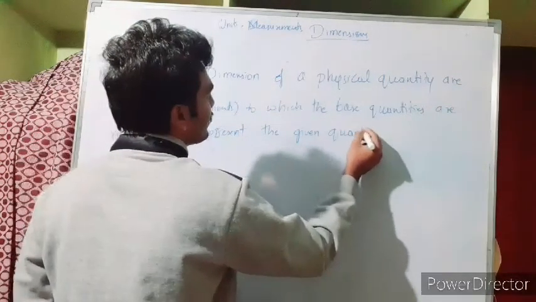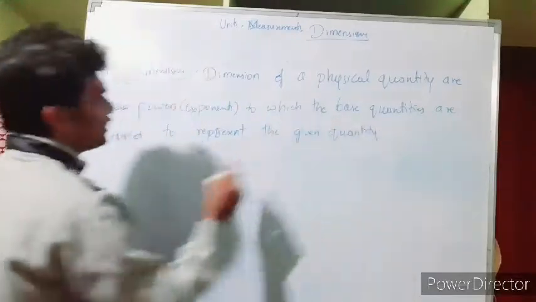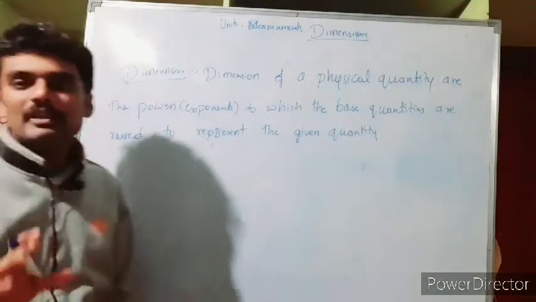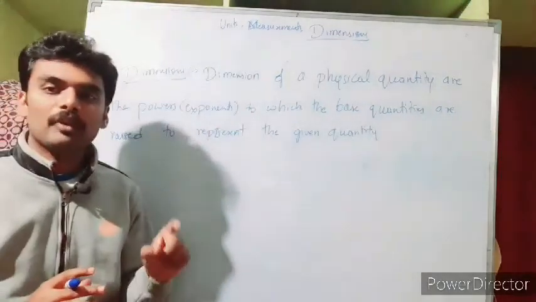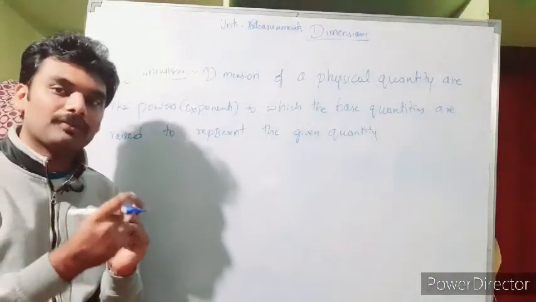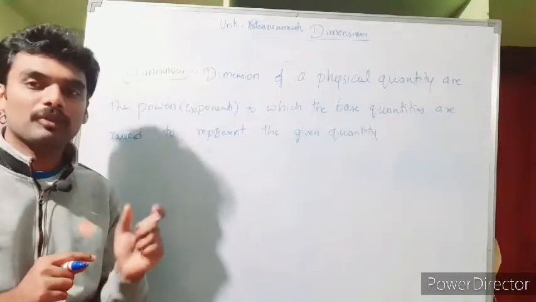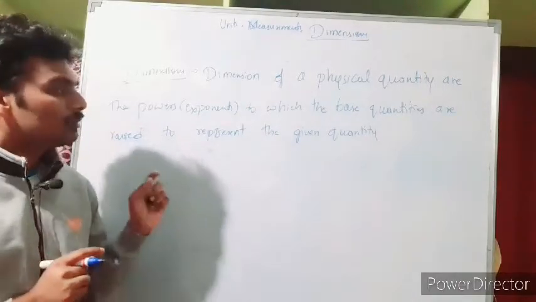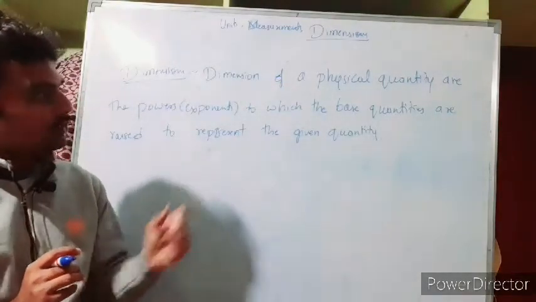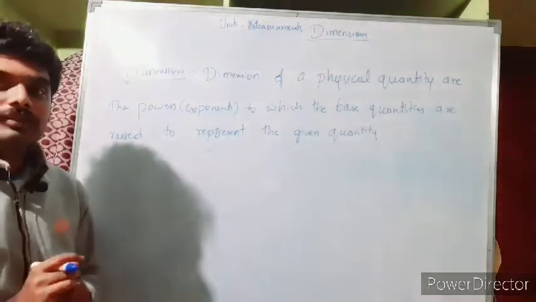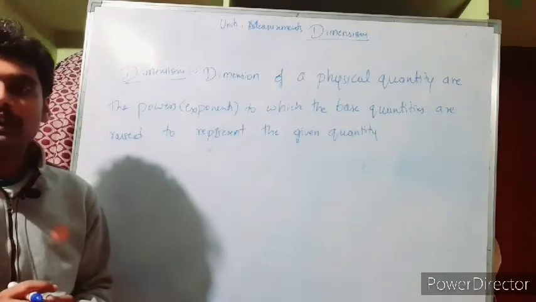So this is dimension. The dimensions are basically numbers. They are the powers. Okay, powers means what we will keep in the powers: we will keep numbers, some numerical value. So they are the powers to which the base quantities are raised to represent the given quantity.